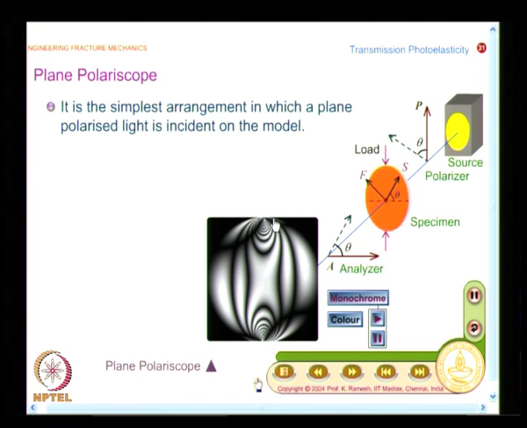You need to make a neat sketch of it. You first draw the light source, put the polarizer, put the model, and put the analyzer. This is the simplest arrangement, in which plane polarized light is incident on the model.